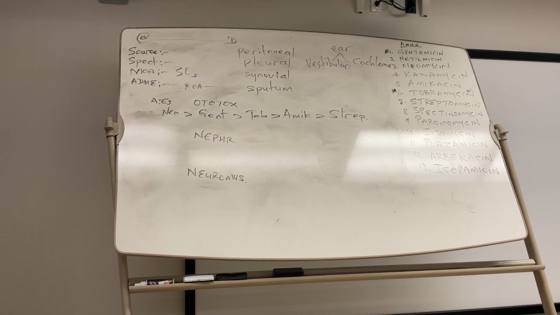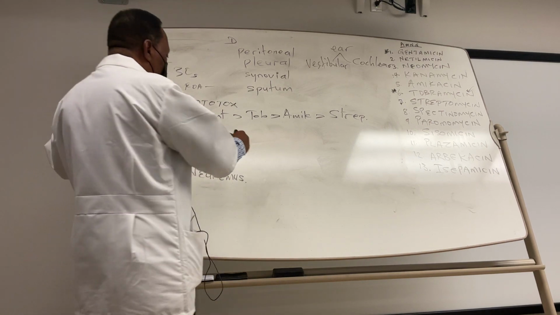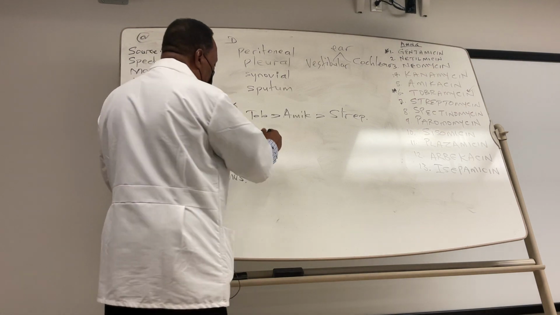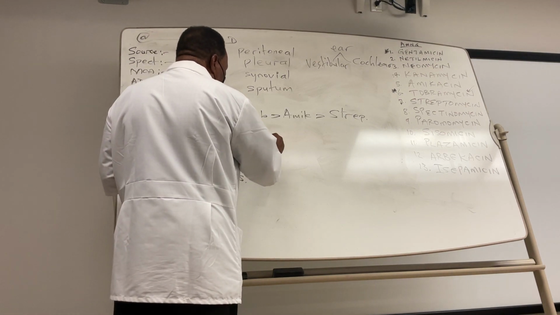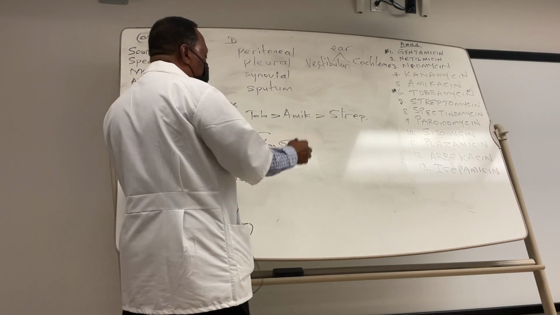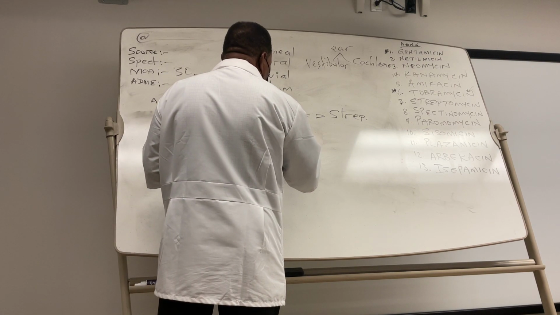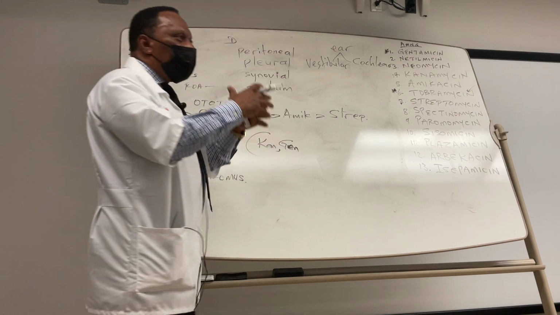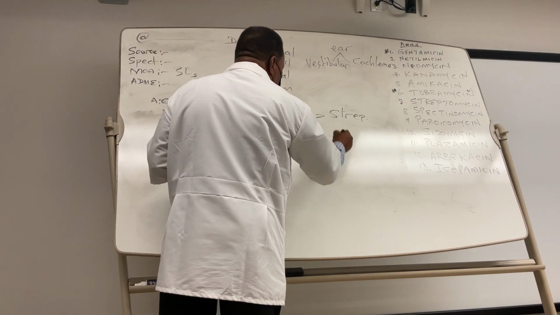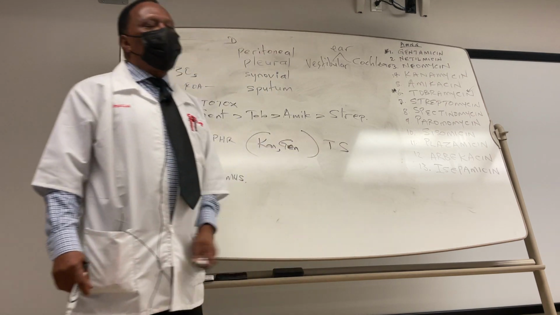With your nephrotoxicity, okay, you basically have your kanamycin and gentamicin being about the same, and then tobramycin and streptomycin.